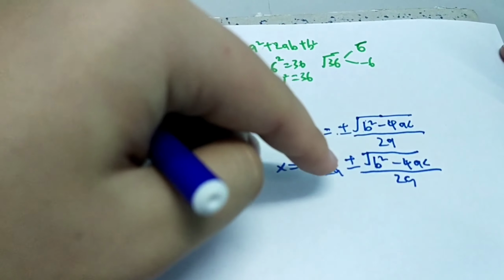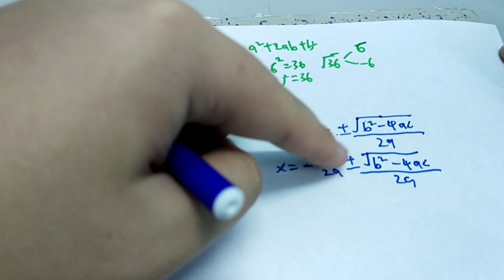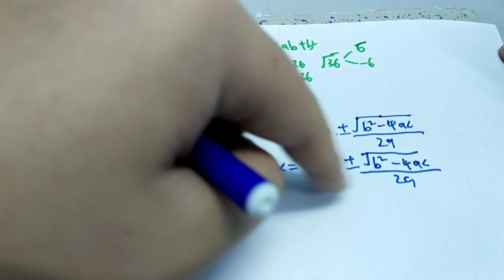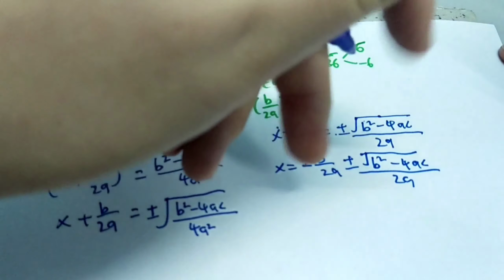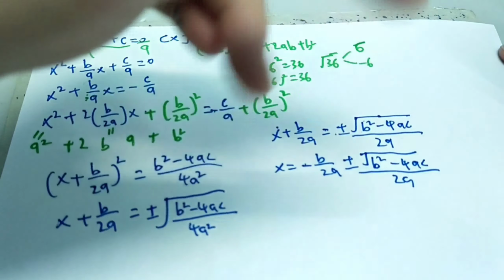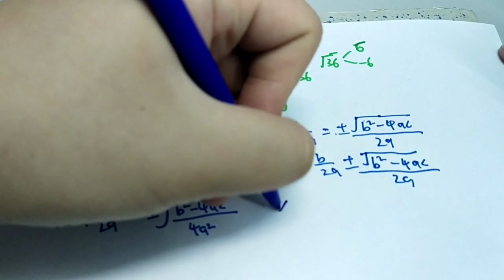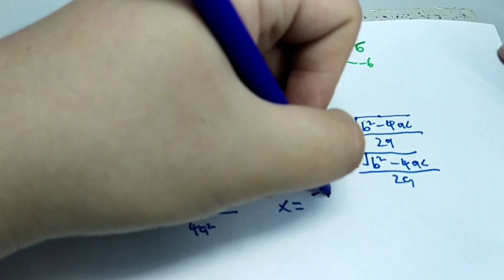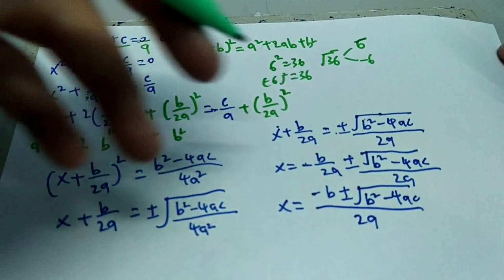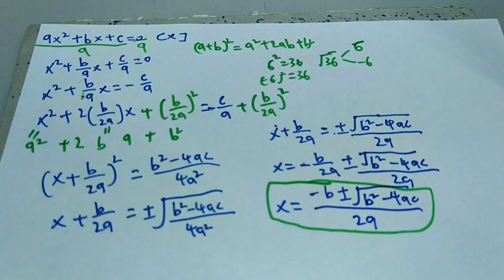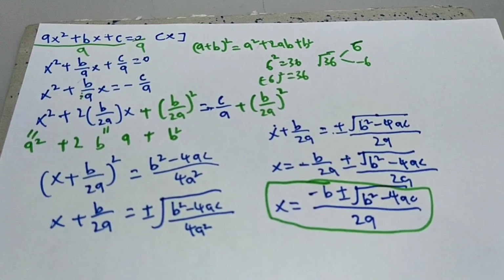And then we can take this as a simple fraction, and since the denominator is the same, we can group it together just like this. So x is equal to negative b plus minus the square root of b squared minus 4ac over 2a, and this is our answer. So we have derived the quadratic formula.